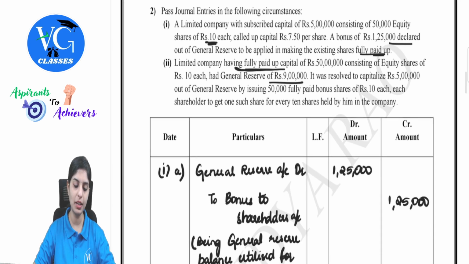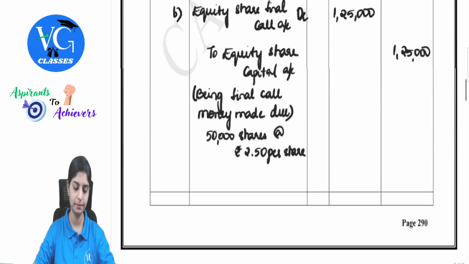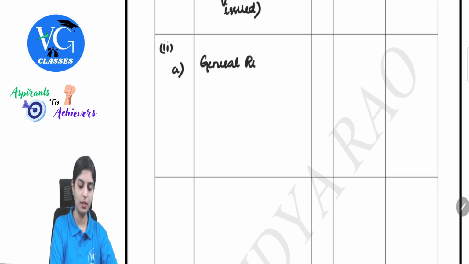So what will be the entry for this? First, general reserve account debit to bonus to shareholders account.